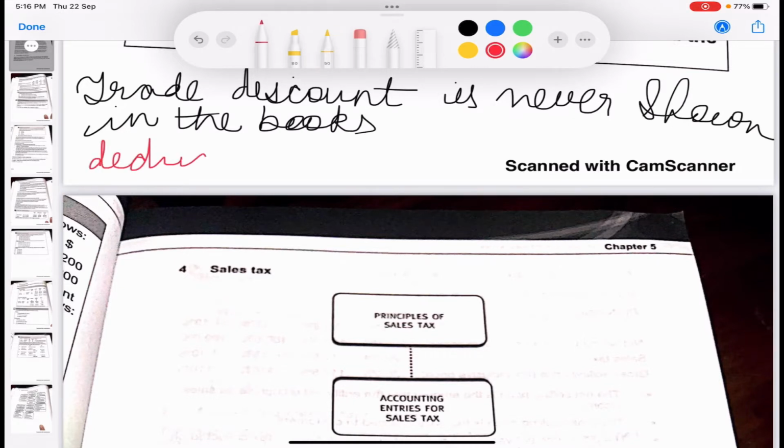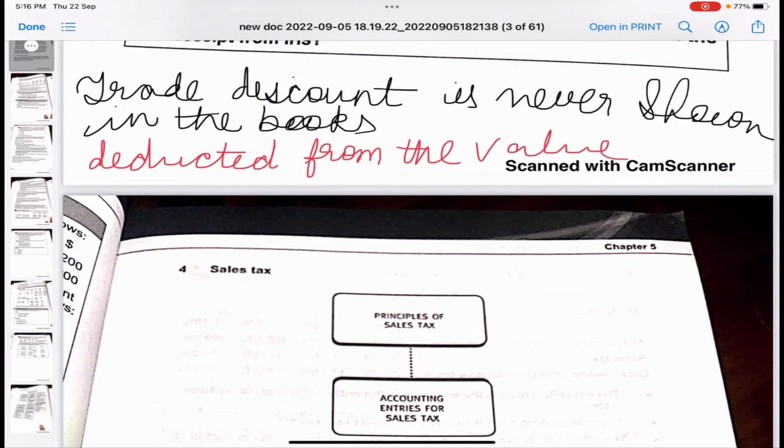It gets deducted from the total value. So hope this is clear. You understood what I'm trying to say. So you always record the net amount. Right now don't get confused with what it is, because we will be going forward and we'll be coming to the examples.